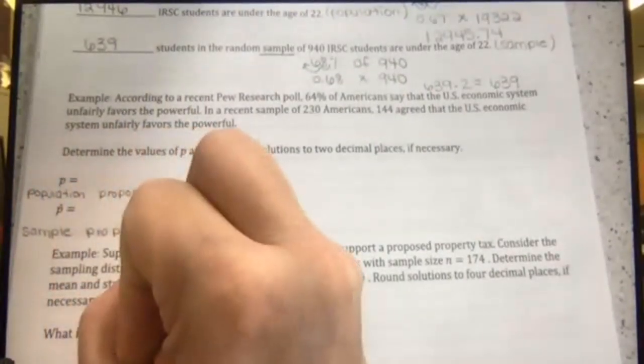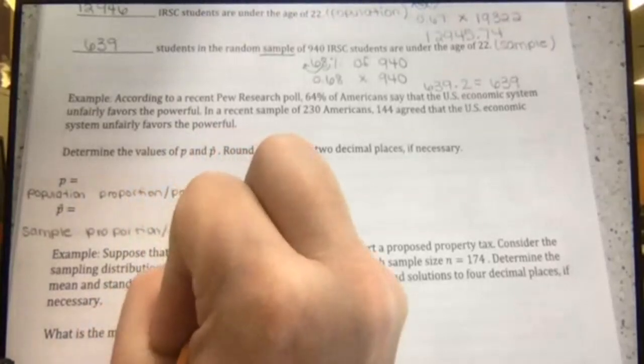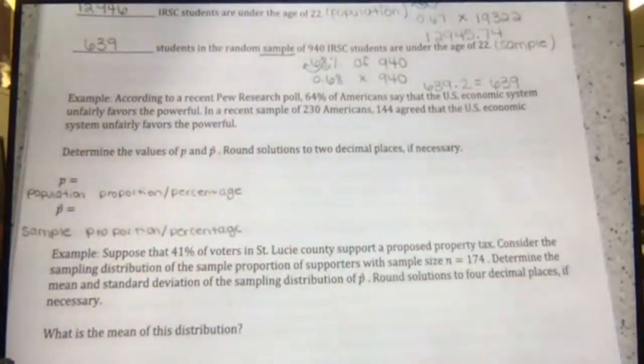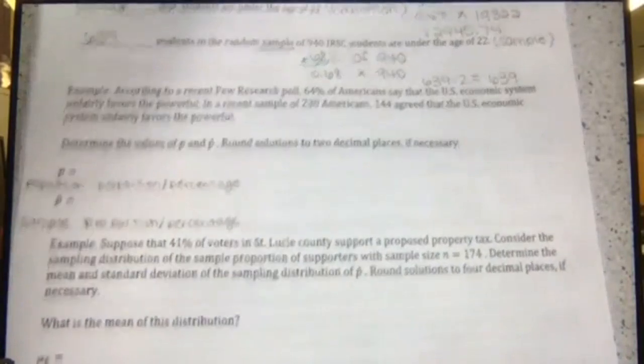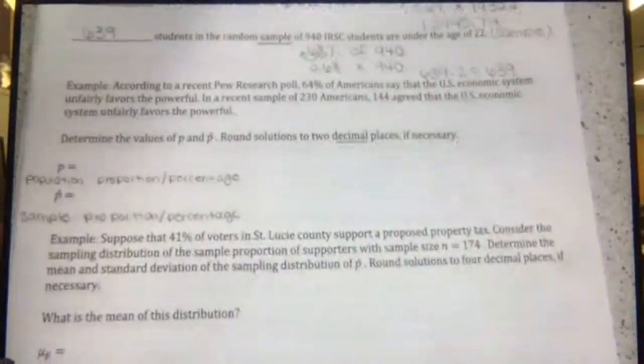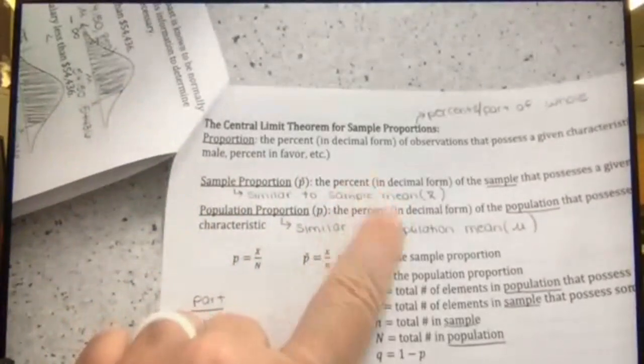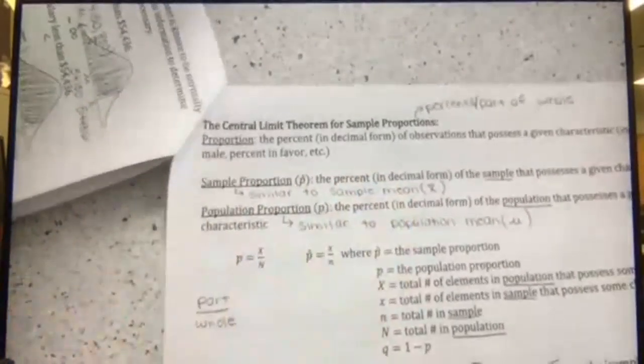And again, that word proportion just means our sample percentage. Round to 2 decimal places as needed. So it tells us to put it in decimal form. If you also look back on the previous page real quick, it says the percent in decimal form. So whenever we're talking about P hat and P, we always put it in decimal form.